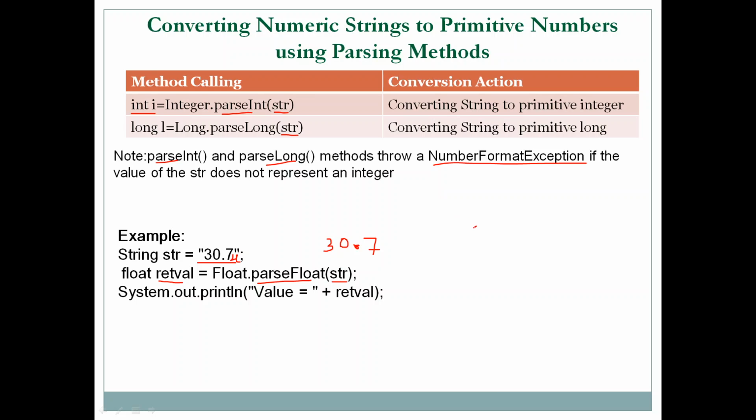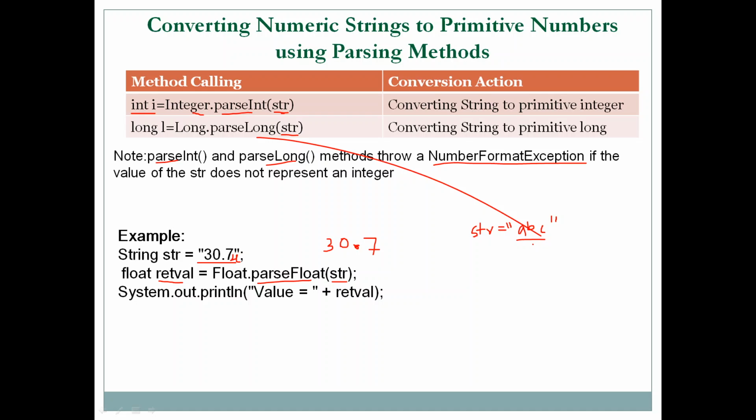Or suppose I have a string str equals, say, ABC. So this is my string, and if I try to convert this into, say, integer, I may say Integer.parseInt, and pass str. What is str? ABC. Can ABC be converted into a numeric type?